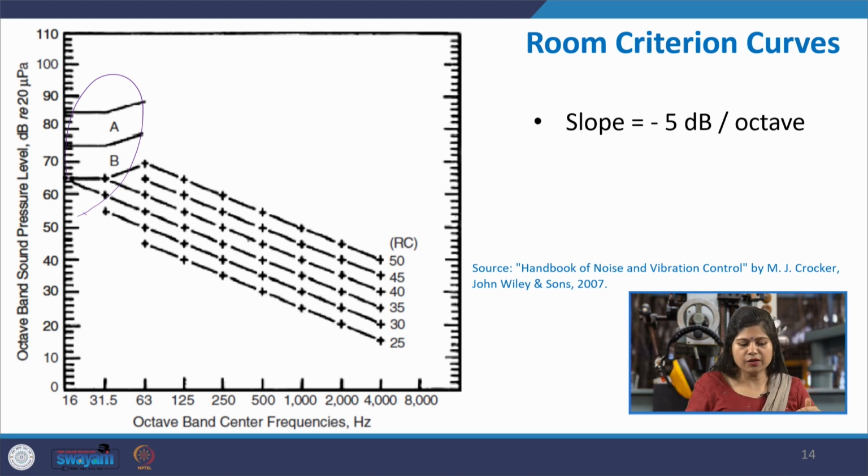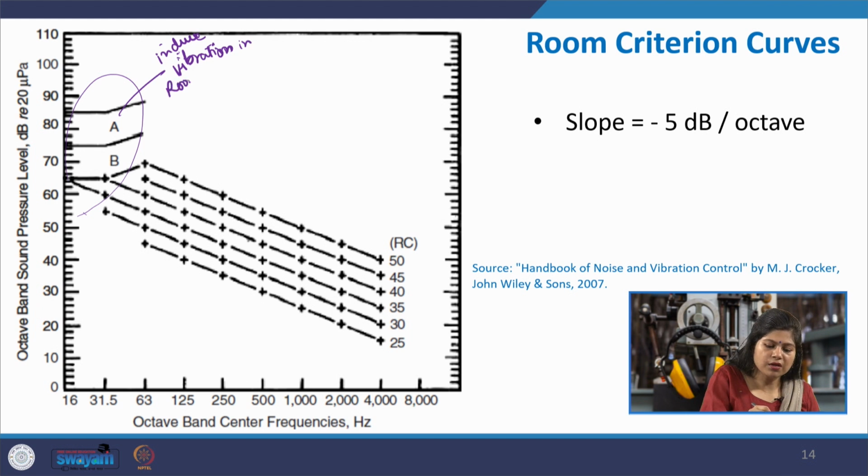We have flat curves, because even these conditions are not desirable. Although we may not hear these sounds very loudly, vibrations can be induced in the room's structural elements, and these can get damaged.